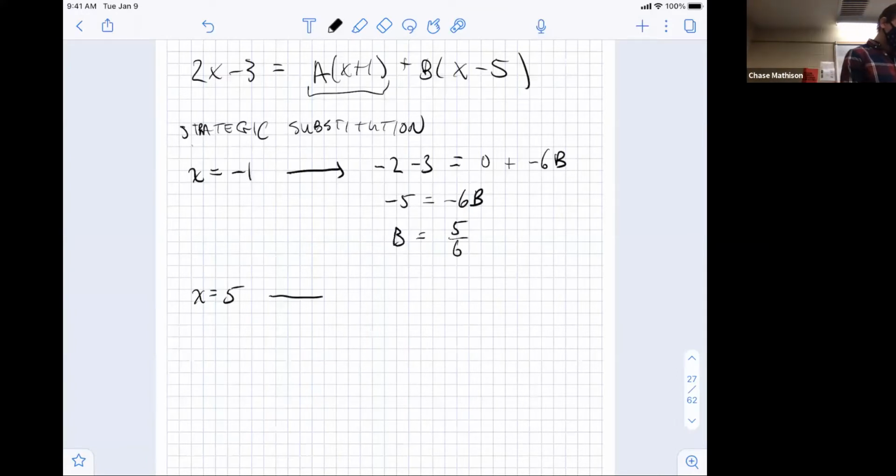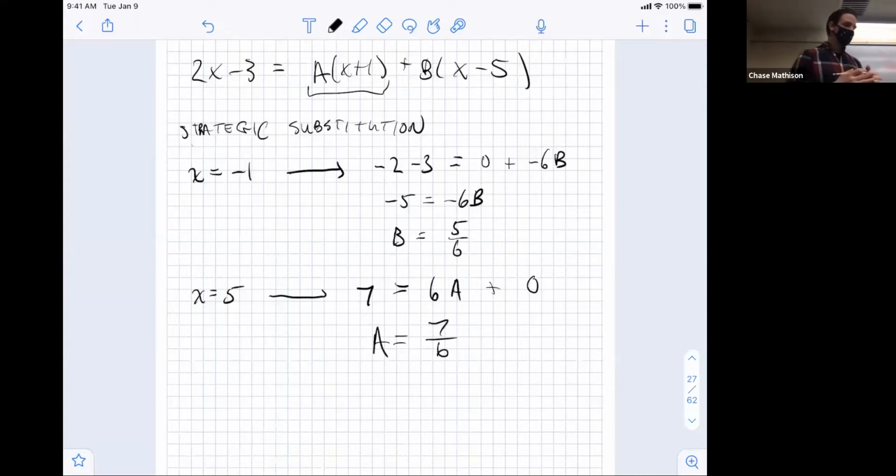So when I plug in x equals 5, on the left, 2 times 5 is 10, minus 3 is 7, equals, and on the right, I'm going to get 5 plus 1 is 6 times a, and then plus 0, because again, we chose x equals 5 strategically to make that part go away. And that tells me that a is equal to 7 over 6.